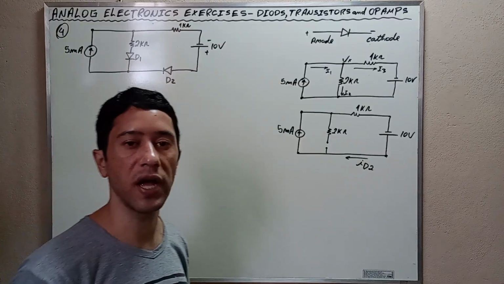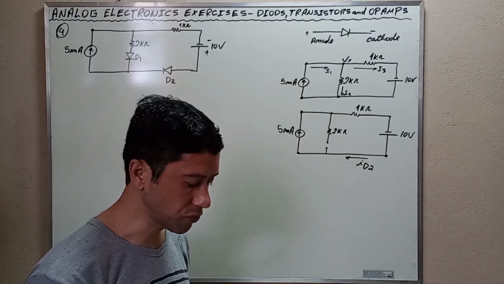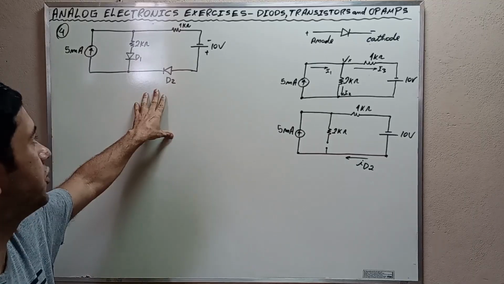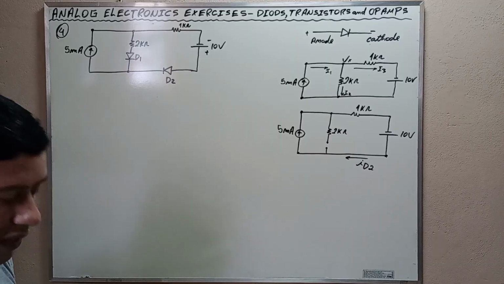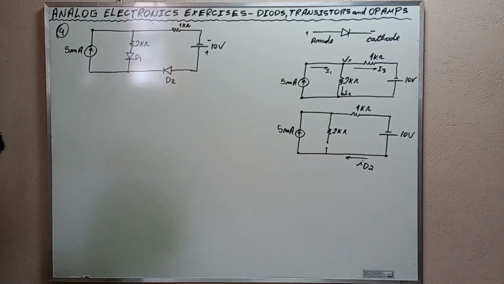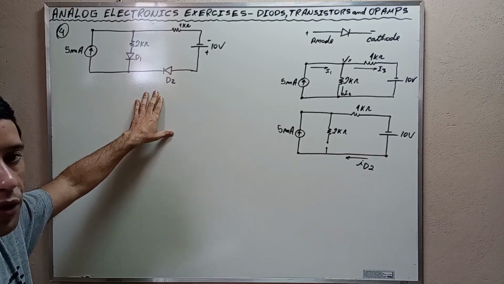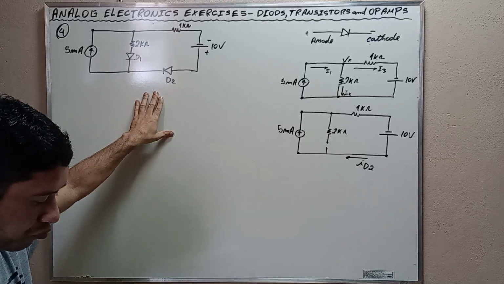Now let's work on exercise number 4. Observe that it is a different circuit now. The exercise says, find the diode states for the circuit of the figure. This is the circuit that we are going to work on now.